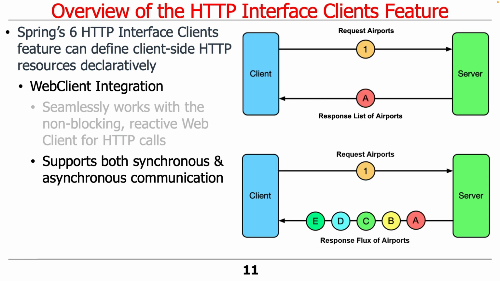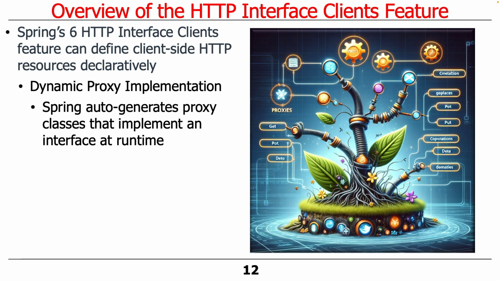As I mentioned, the nice thing about the web client is it supports both synchronous and asynchronous communication. So here, because it's a synchronous example, we're going to make requests and get back lists of things, but you can also use it to get back reactive types like fluxes that can stream things back asynchronously. Something else that's kind of cool with HTTP interface clients in Spring 6 is the ability to do dynamic proxy implementation.